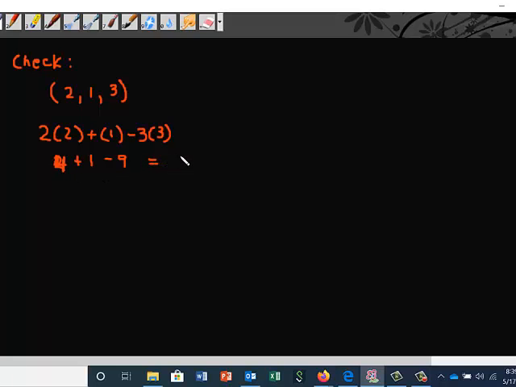So this is going to be 5 minus 9, which is going to equal negative 4. Let me just write this off to the side: this is our original system, as you see. So we got negative 4 for this.